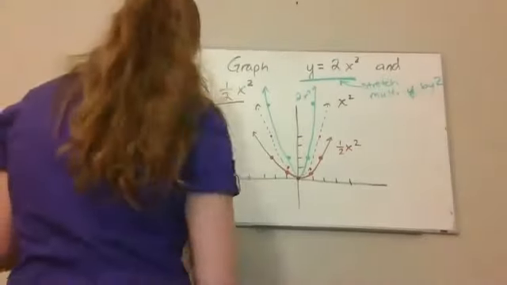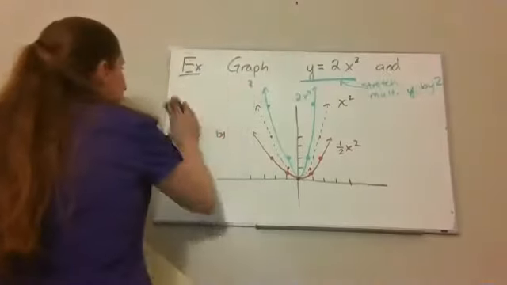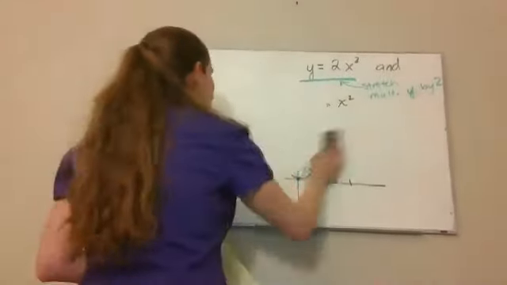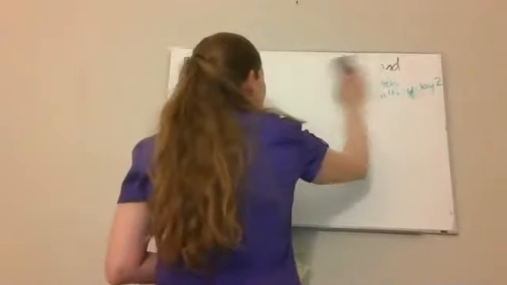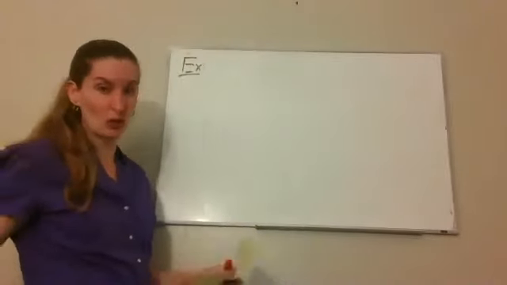All right. Now let's do one of our horizontal stretches or shrinks. This one's going to be a little bit different. We're not going to actually use one of our common graphs. We're going to use a graph that's given to us instead.